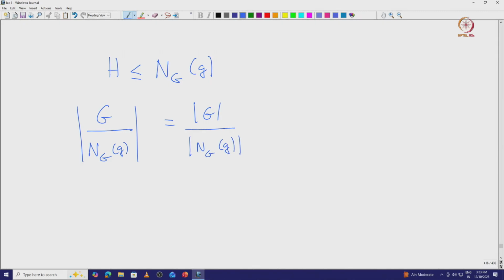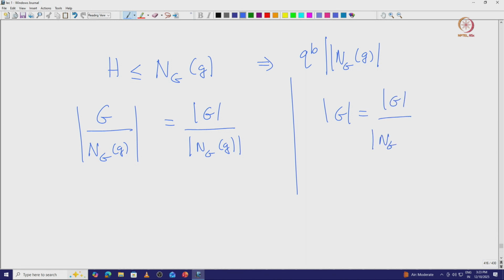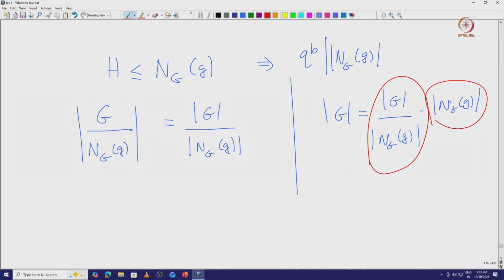Now, since H is a subgroup of N_G(g), that would imply that q^b divides the order of N_G(g). Since the order of G is equal to the order of G divided by the order of N_G(g), times the order of N_G(g), and this part is divisible by q^b, that forces this ratio to be some p power.